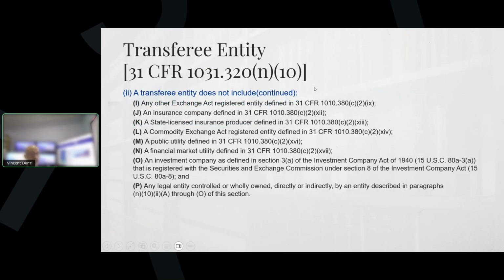It excludes insurance companies. It excludes state licensed insurance producers, like many of the people on this call today. It excludes Commodity Exchange Act registered entities, public utilities, financial market utilities, and any entities that are owned directly or indirectly by one of these exempt entities.